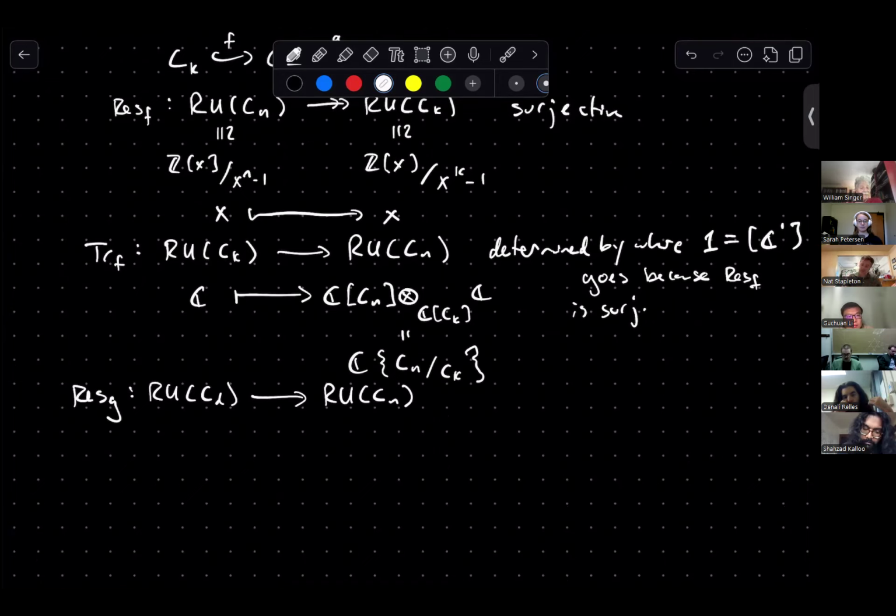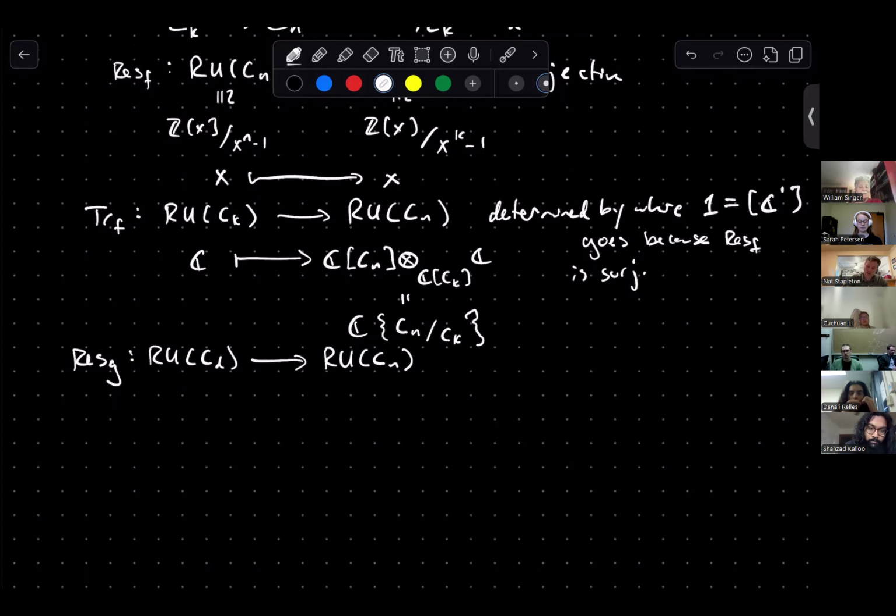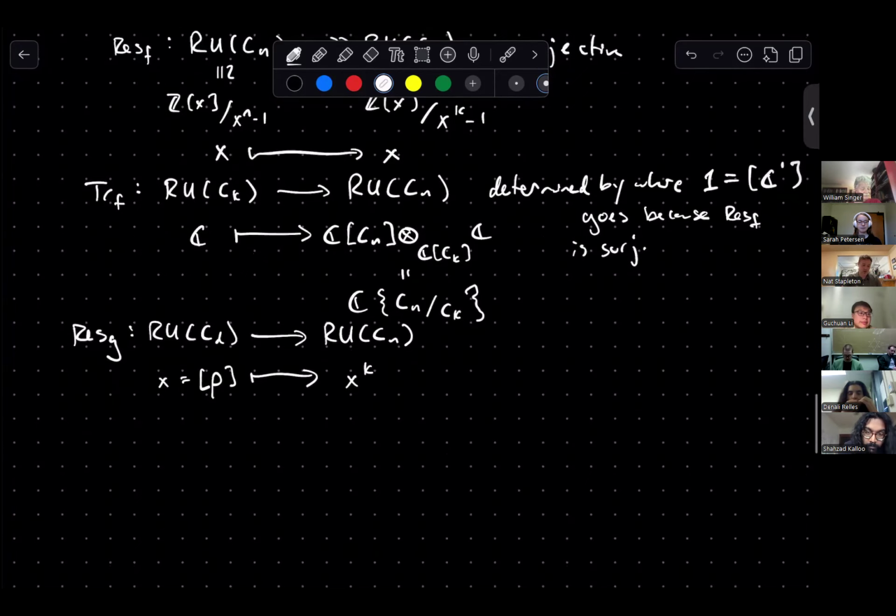Okay, so I've got the CD action by rotation by 2 pi i over d, and I'm restricting along this quotient, but that's exactly telling me that x here, well, what am I going to get? I'm going to get the rho for Cn to the kth power. So x here goes to x to the k. And that is a perfectly good ring map.